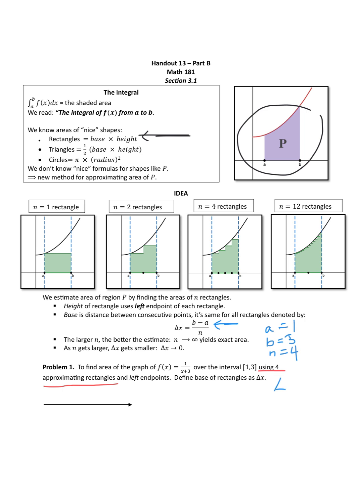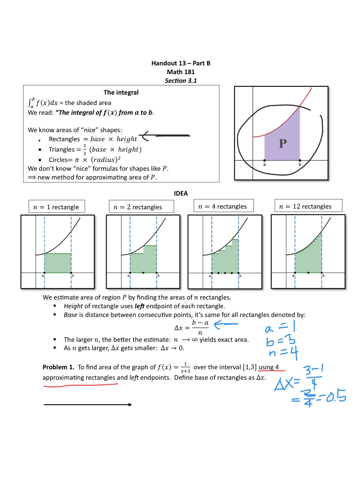Therefore, delta x is going to be equal to 3 minus 1 divided by 4, which simplifies to 2/4, and using a calculator, we get that this is equal to 0.5.